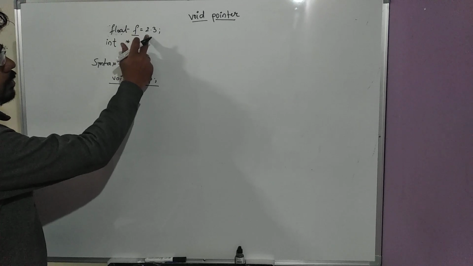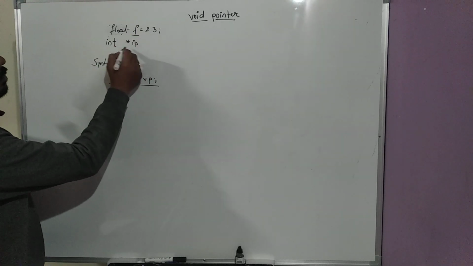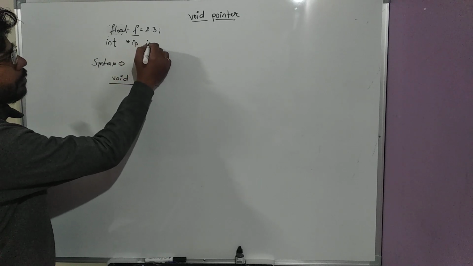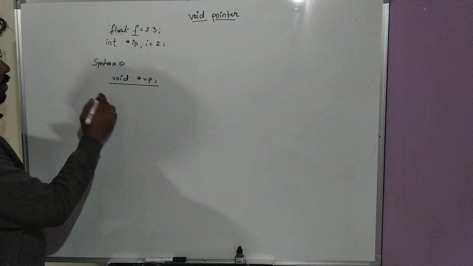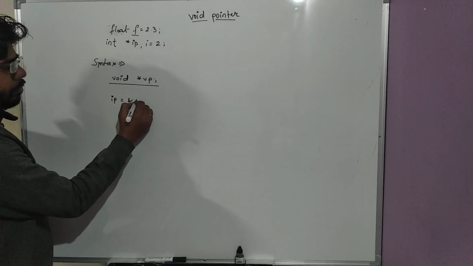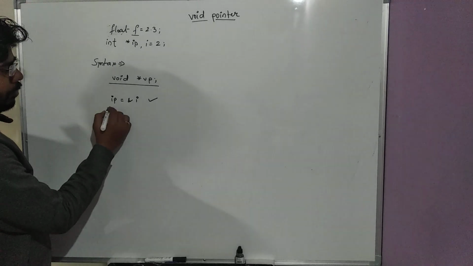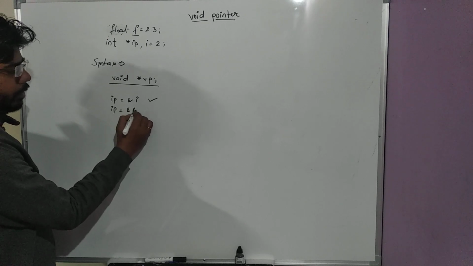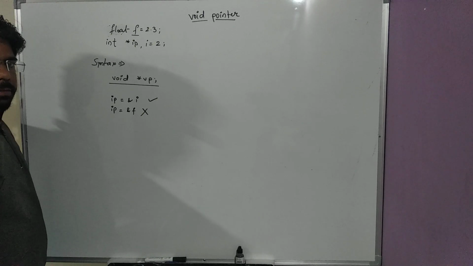Say in this case, this IP pointer, and we also have an I variable having value 2. Okay, if I write IP equals address of I, that is correct, there is no problem. If you write IP is equal to address of F, this is not a proper case and it may generate some error.